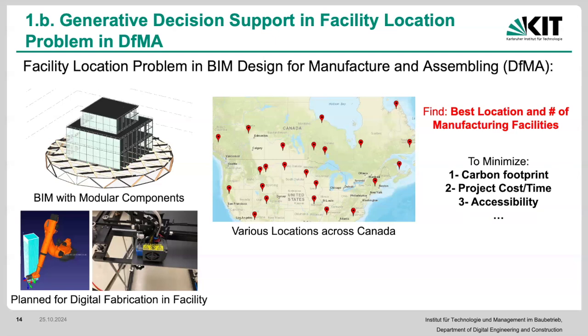Project cost and time, accessibility, various different areas that we have to model and take under consideration, where in our sessions between the stakeholders, we all are in agreement on which ones are important.